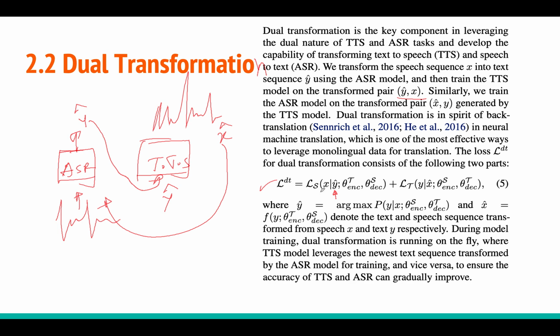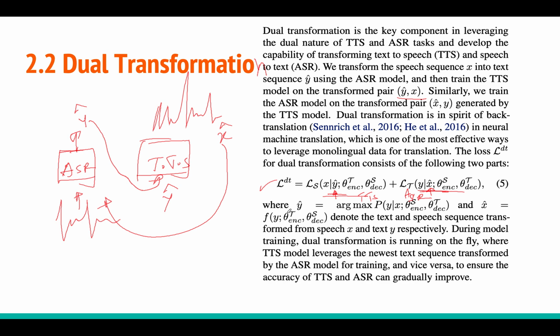This is one loss, and another loss is you want to generate y, which is the text sequence, given the spectrogram which is generated by the text to speech engine. So you want to predict y given the audio, which is ASR. This is the ASR model loss, and this is the text to speech model loss, right? And you add these two, and you just optimize this.